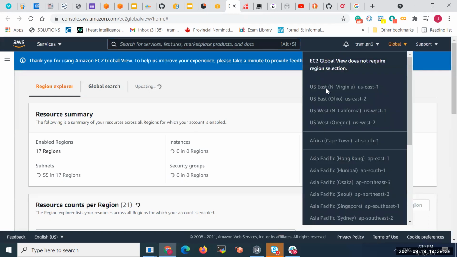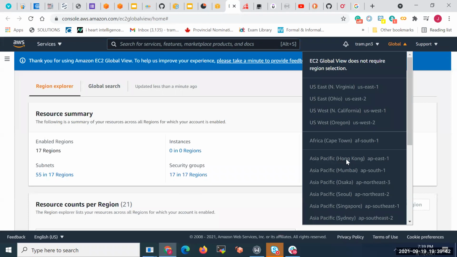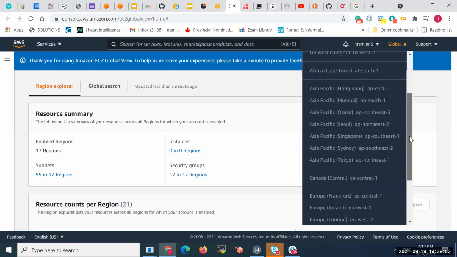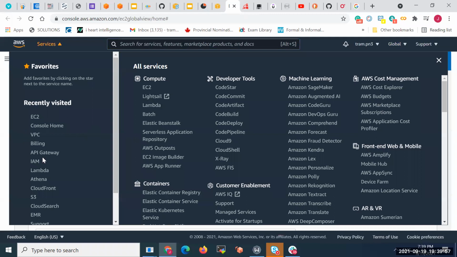You can see that I have 17 regions enabled. These are the regions where your service can exist, and depending on the service, it will have availability in different regions. So let me select, for example, S3, and I'll show you why I go to S3.